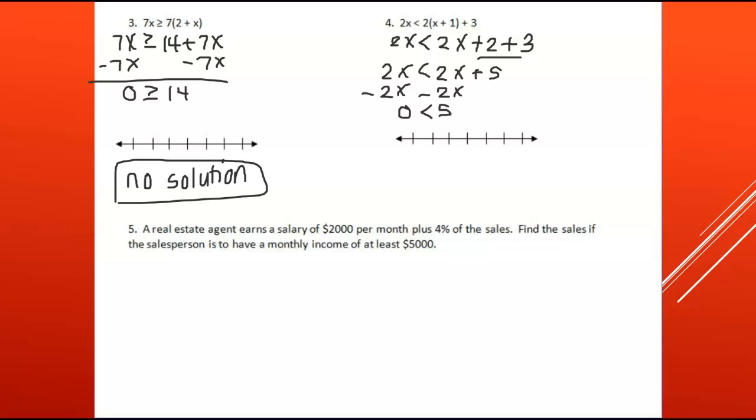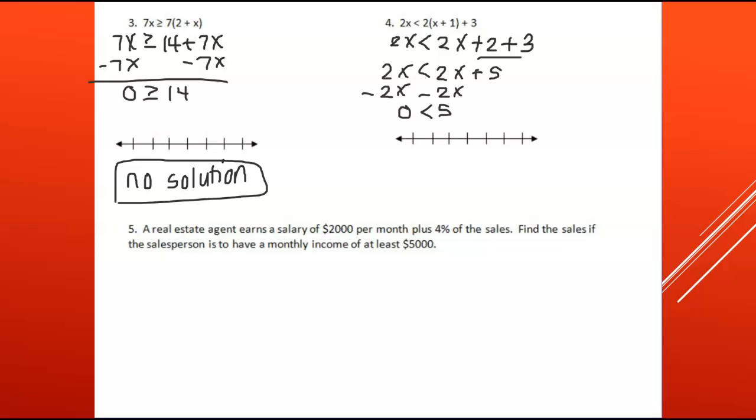This time I get 0 is less than 5. Is 0 less than 5? Is 0 smaller than 5? Yeah. So if the other example was no solution because it was false, this one is true.